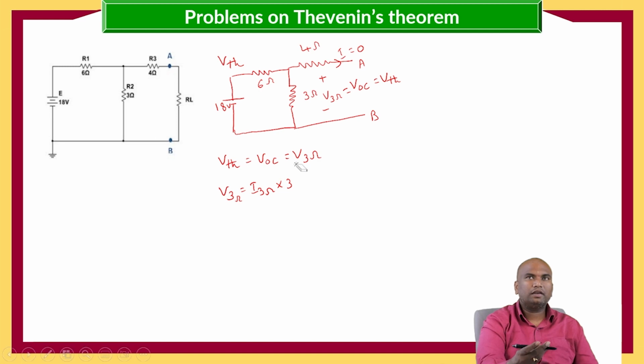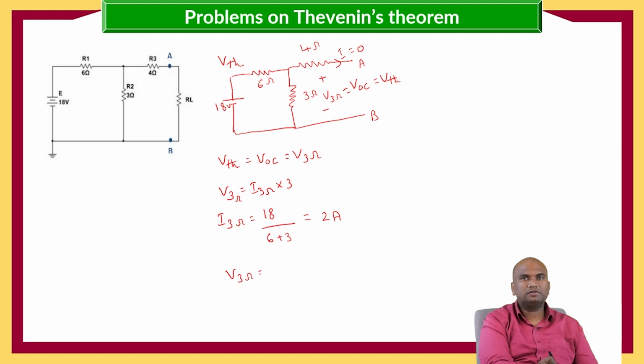Here in the 4 ohms resistance, no current is flowing. So the 6 ohm resistance is in series with the 3 ohm resistance. So I 3 ohms is equal to 18, the total voltage applied, divided by the series connected elements, 18 by 6 plus 3, that is equal to 2 amperes. V 3 ohms is equal to 2 into 3, that is equal to 6 volts.